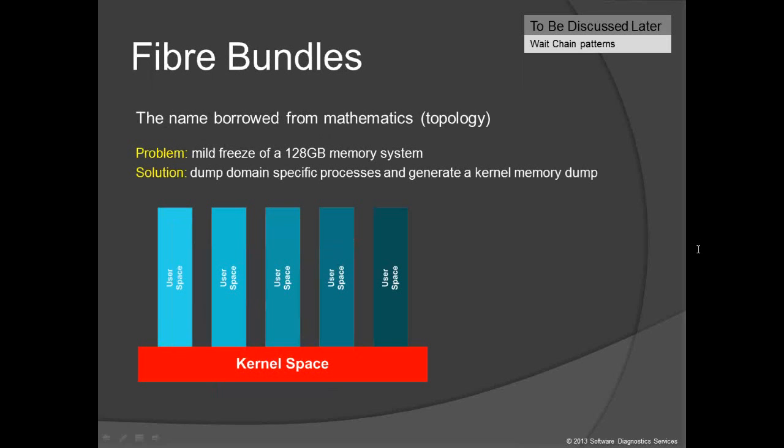In case of huge physical memory, there exists another alternative. The so-called fiber bundle is a memory space that consists of kernel space and individual process virtual address spaces.